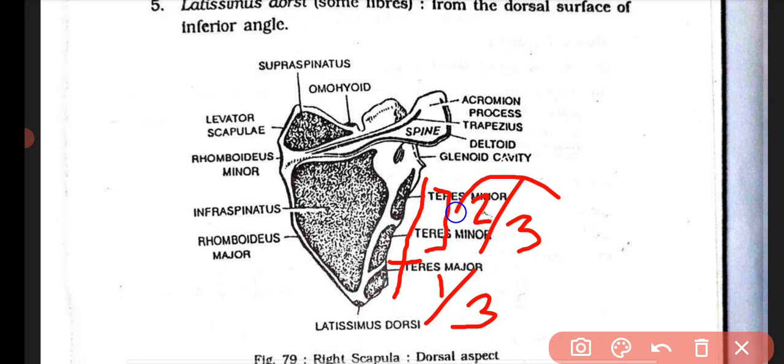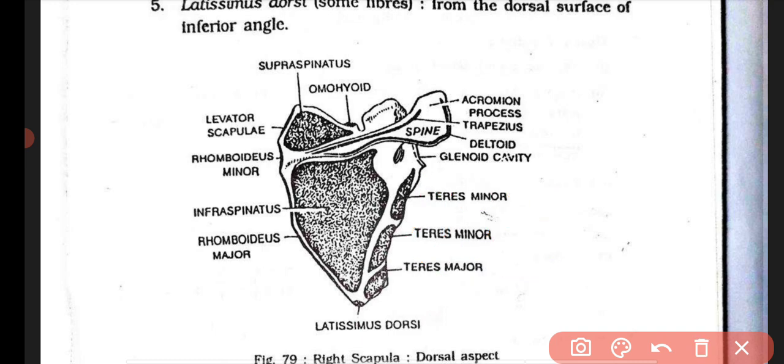From this two-thirds portion the teres minor muscle originates, and from the lower one-third portion the teres major muscle originates, and from the inferior angle the latissimus dorsi muscle originates.